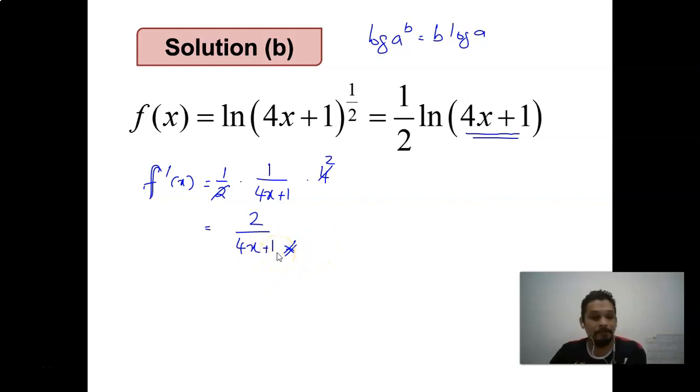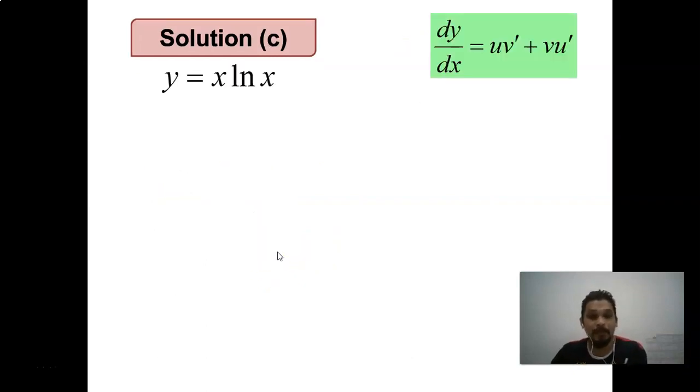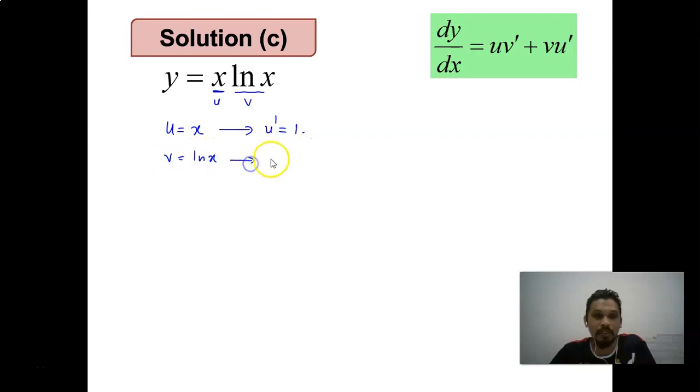Okay, next. Now u equal to x. Just imagine that this is u and this is v. So u equals x, then u prime equals 1, and v equals natural log of x, then v prime equals 1 over x.